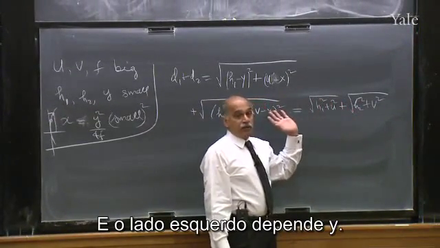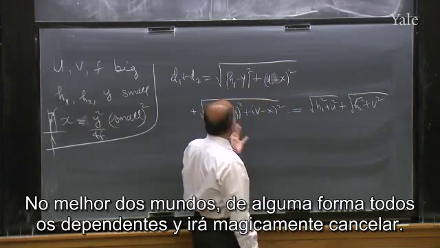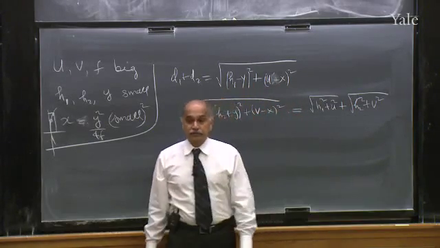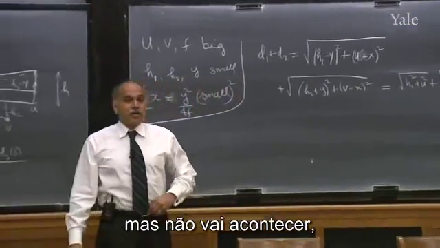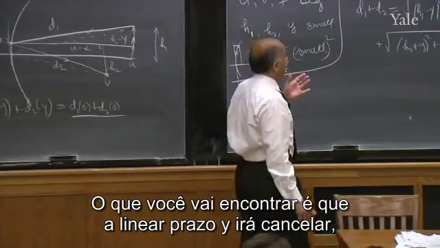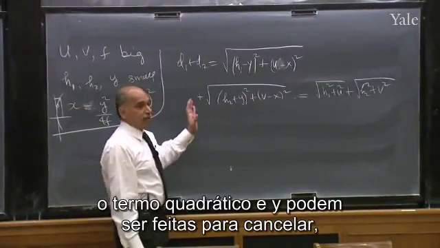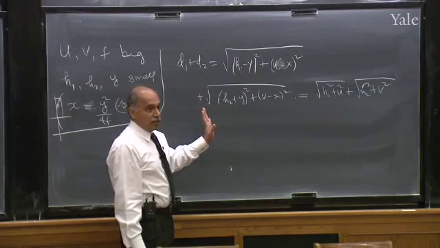Left-hand side depends on y. In the best of all worlds, somehow all the y dependence will magically cancel. But it's not going to happen. I can tell you right now. What you will find is that the term linear in y will cancel. The term quadratic in y can be made to cancel, and that's all you can do.